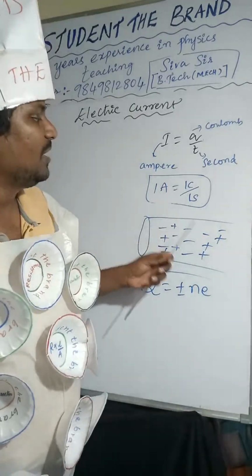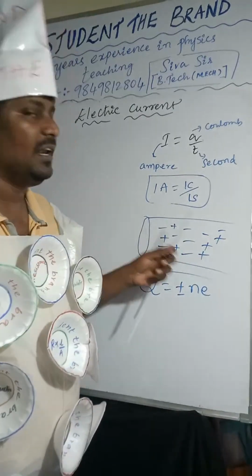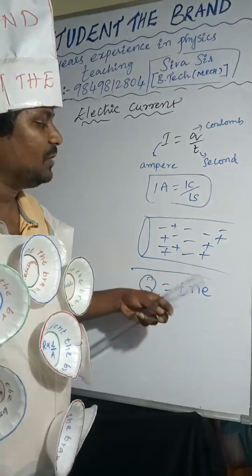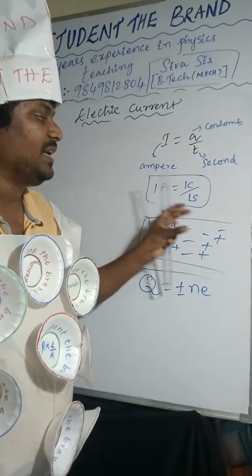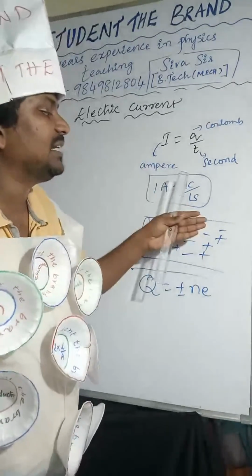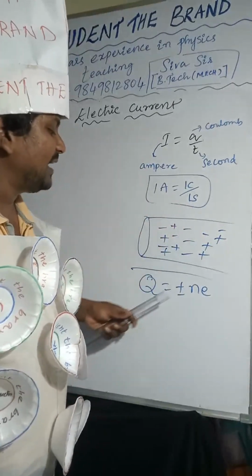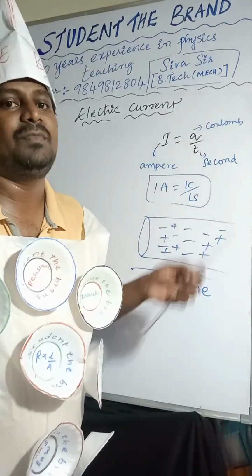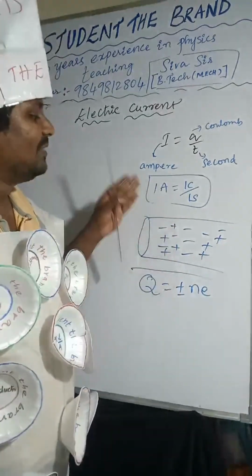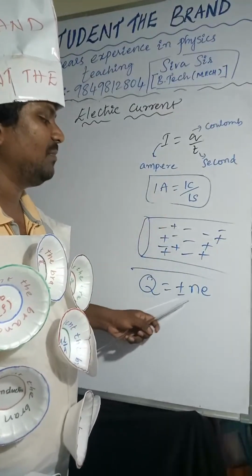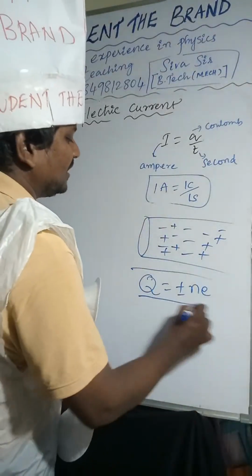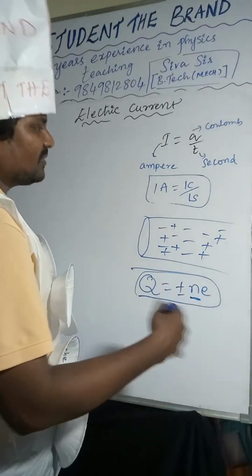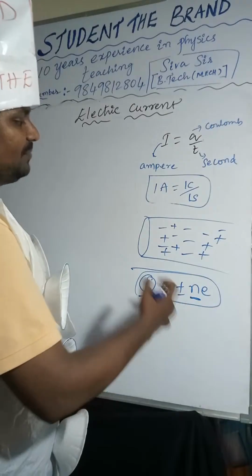Anyway, whichever moves inside the conductor, we can say current is passing. That is the reason we take plus or minus. This is the quantization of charge, where n is the integral multiple, the number of charges flowing inside the conductor.